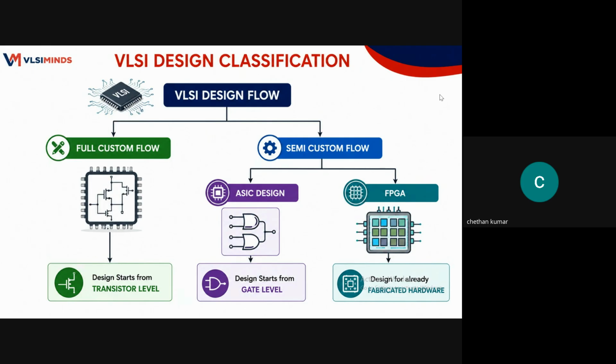For example, to design an IC to be placed in automobiles, say a driverless or autonomous driving car, the chip cannot be produced one or two at a time. It has to be bulk production, so that is when we go with the ASIC design flow.